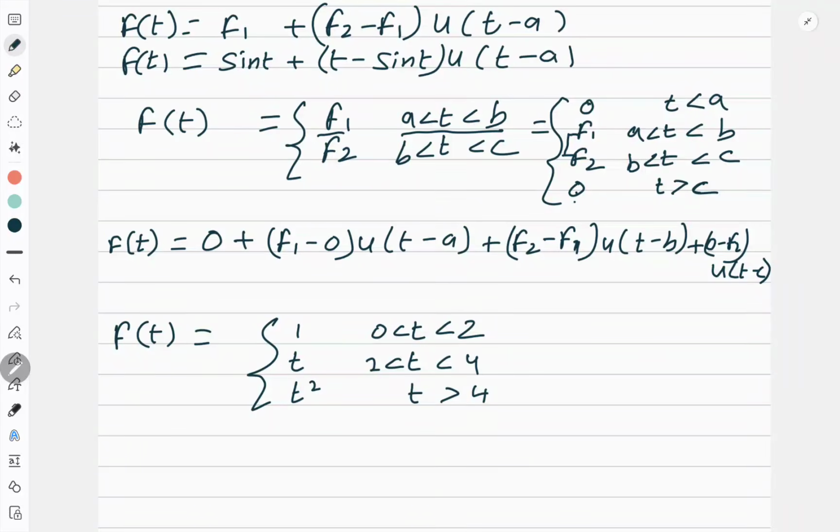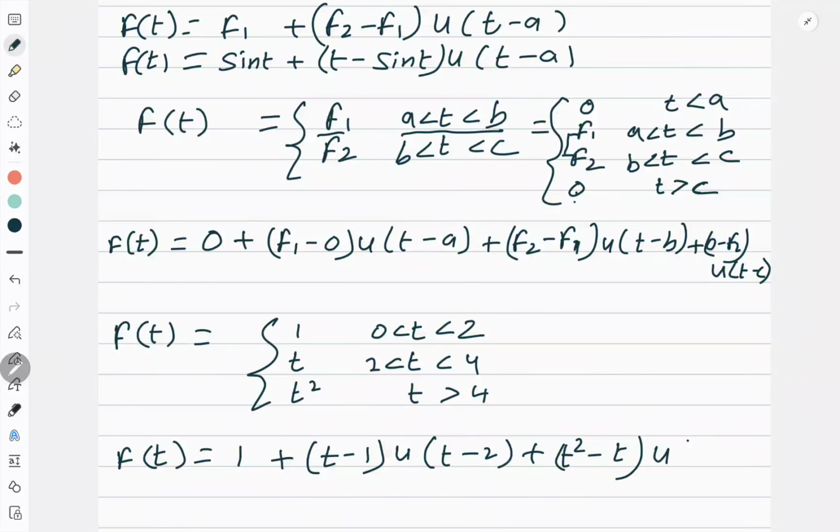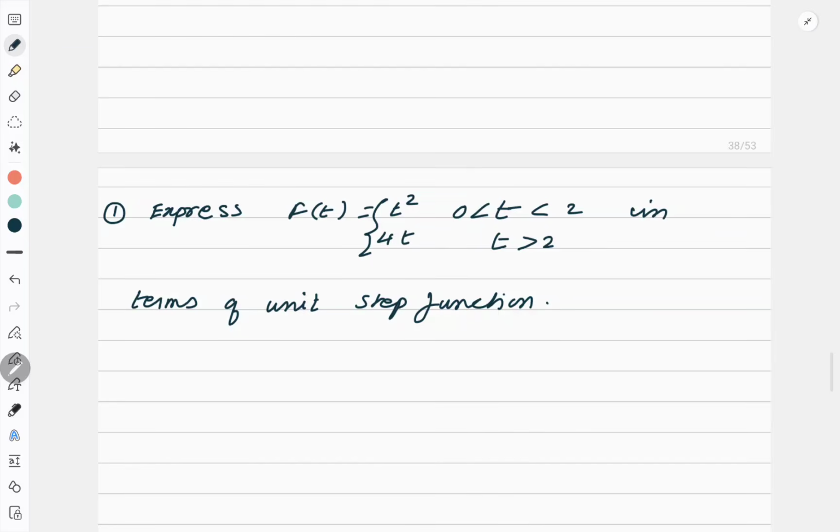So how will you write this as a unit step function? 1 plus t minus 1 u of t minus 2 plus t square minus t u of t minus 4. See again, 1 plus t minus 1 u of t minus 2, t square minus t and u of t minus 4. Understood? So now since you are clear with this concept, let us start with the questions.